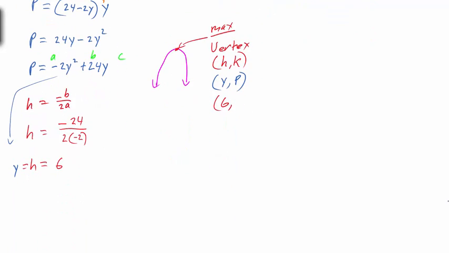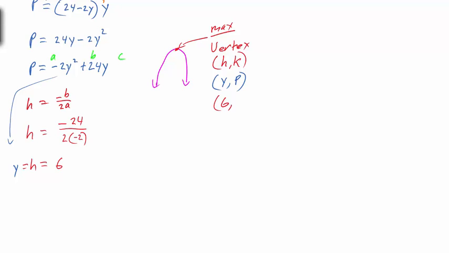So be careful and realize that the quadratic equation that we have for the parabola here is p equals negative 2y squared plus 24y. So in terms of our coordinates, the y is like our x, like I've written over here, and the p is like our y value. So as far as the coordinates, the y is the x coordinate, the p is the y coordinate.